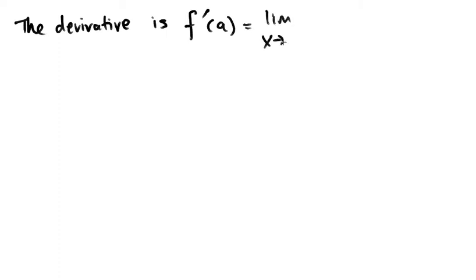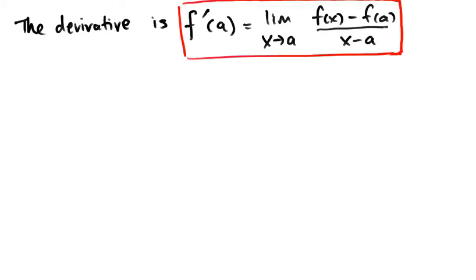The derivative is written with this notation, f prime of a, and it is the limit, as we said, as x approaches a, of the difference between our y values and our x values.